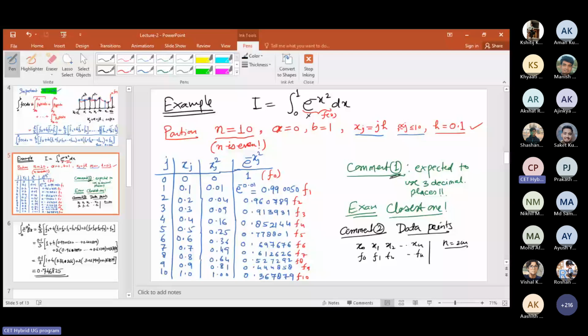So suppose I give you only this data point: I give you x0 equals 0 and the value of the function f0 as 1, and I ask you to find the integral using Simpson's 1/3 rule. You don't need e raised to power minus x square. You directly use the formula and you will get the integration.